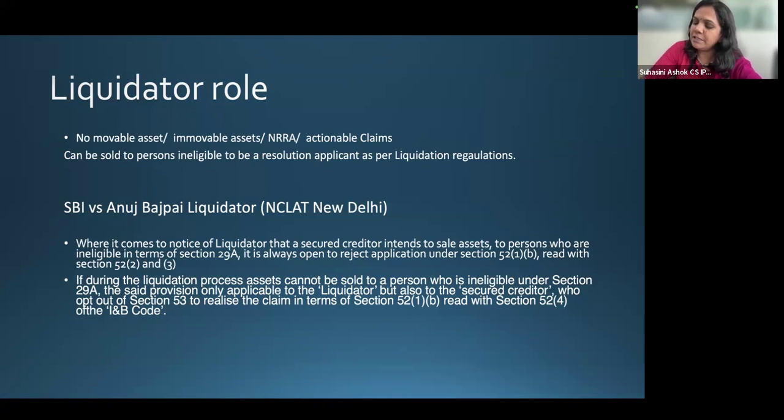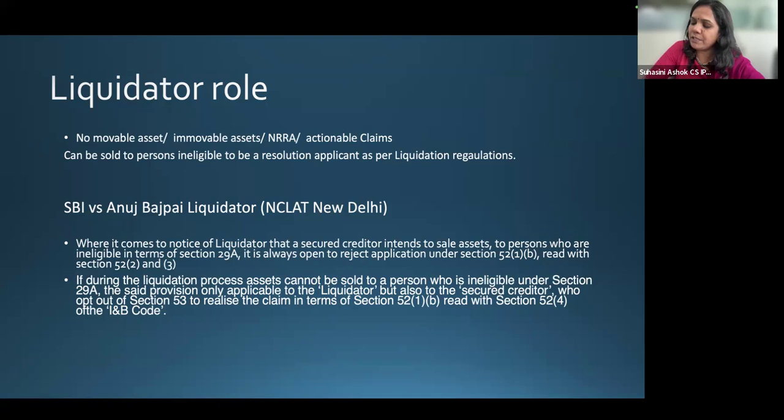Here the NCLT has rejected the application under section 52(1)(b) read with section 52(2) and (3). If, during the liquidation process, a secured creditor wants to sell assets to someone who is ineligible under section 29A, the provision is also applicable during liquidation and to the liquidator also.